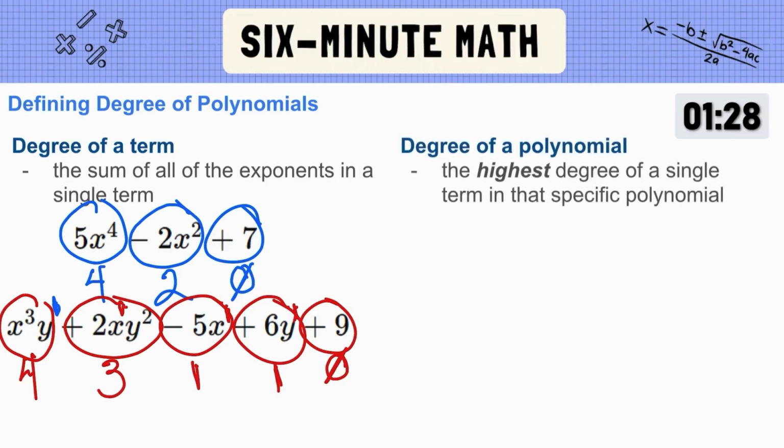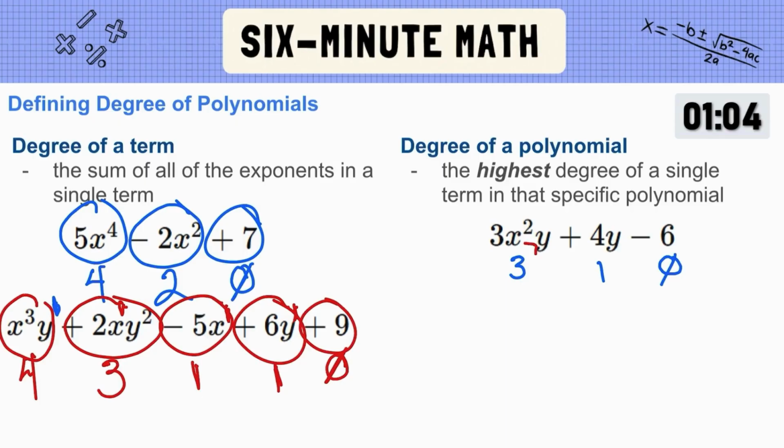We can also define the degree of a polynomial. This is the highest degree of a single term in that specific polynomial. Essentially, what I'm going to do is take all the degrees of the terms and choose the highest one. So for this example here, I have a degree of 3, a degree of 1, and a degree of 0.